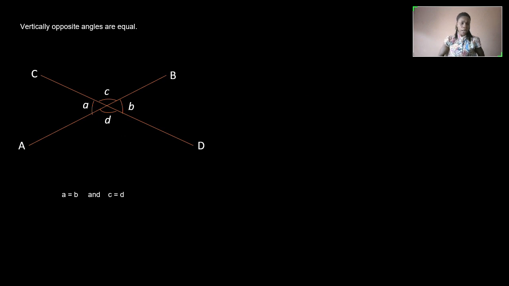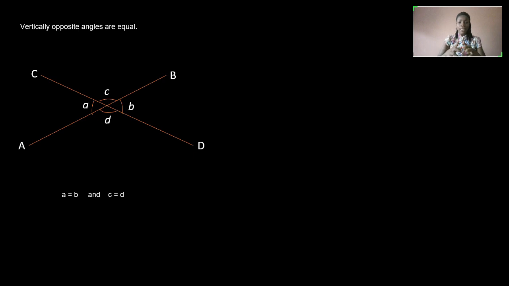The next one we have is vertically opposite angles are equal. What do you mean by that? If you look at what we have here, we have angle A, B, C, and D. And if you watch, angle A and angle B are vertically opposite.